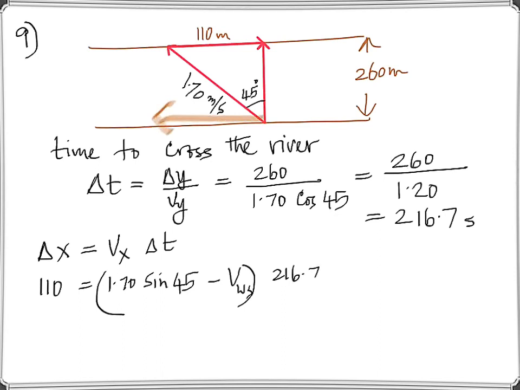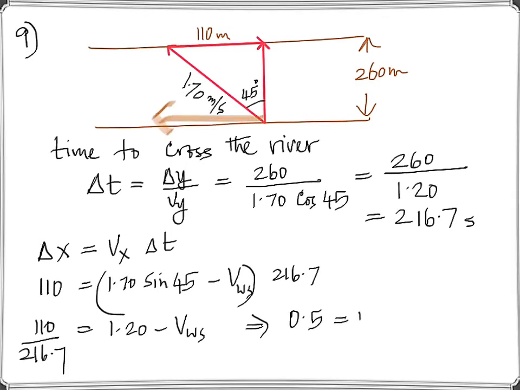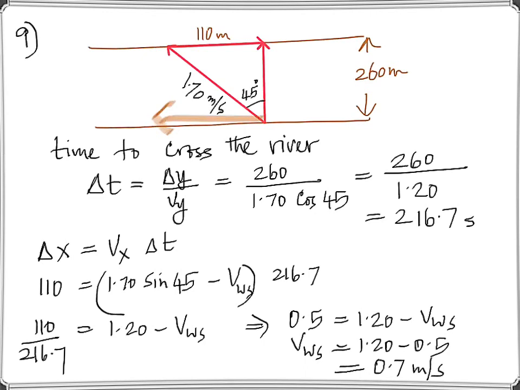And then take away the velocity of the water, and then multiply with the time. That's a simple calculation that will give us the velocity of the water with respect to the shore. And we get it as 0.7 meter per second.